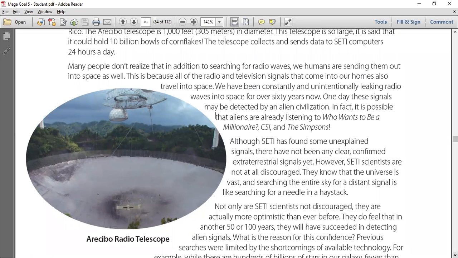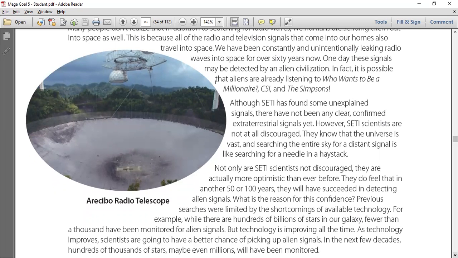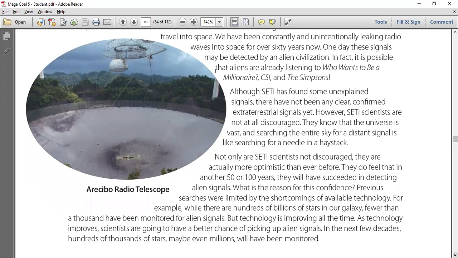One day, these signals may be detected by an alien civilization. In fact, it is possible that aliens are already listening to Who Wants to Be a Millionaire, CSI, and The Simpsons. Although SETI has found some unexplained signals, there have not been any clear, confirmed extraterrestrial signals yet.